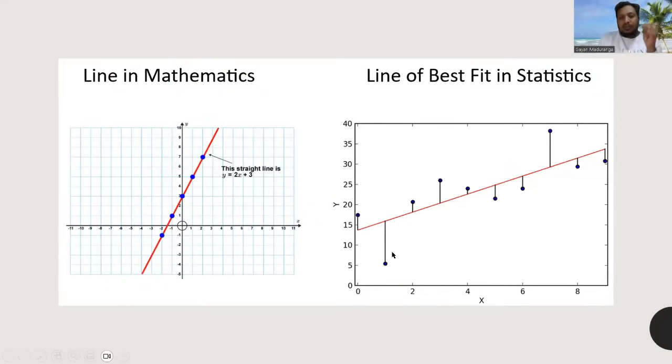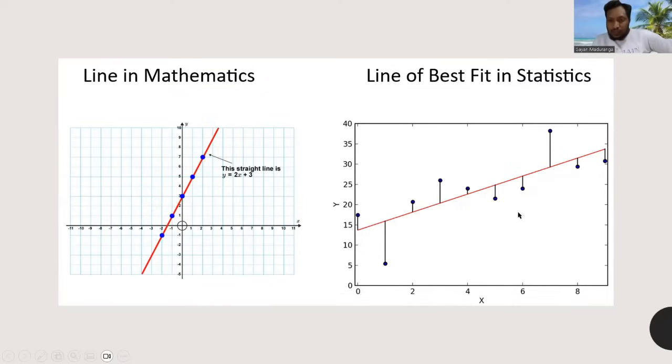Look at these two graphs. The first one is a straight line, which is drawn according to mathematics. According to mathematics, each and every point should lie on the line. When you come to statistics, in this line of best fit, you can see the points are distributed around the line, but each and every point does not exactly lie on the line.